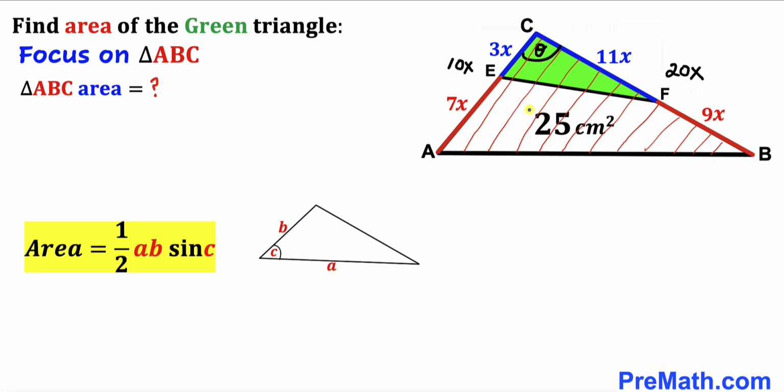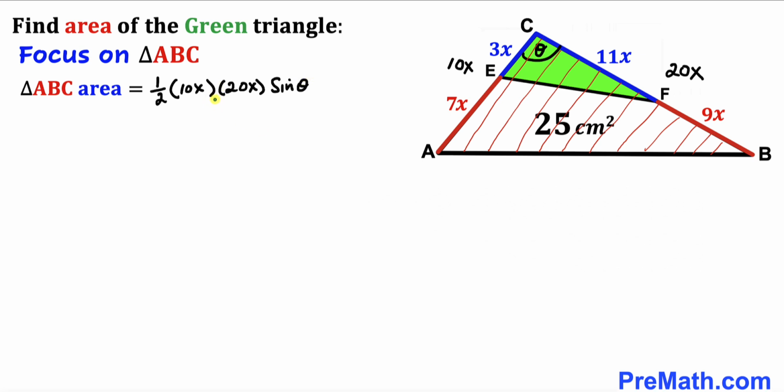For triangle ABC, our side lengths are 10x and 20x, and angle theta is in between them. So the area of triangle ABC is a half times 10x times 20x times sine of theta.